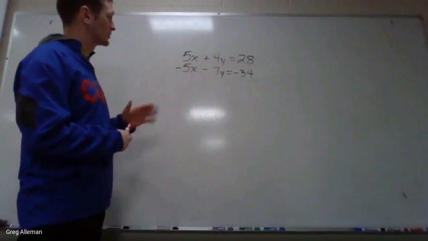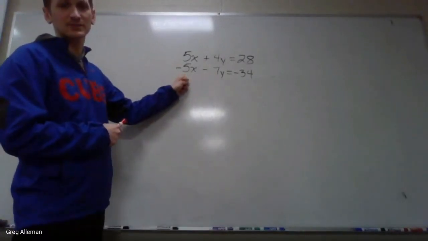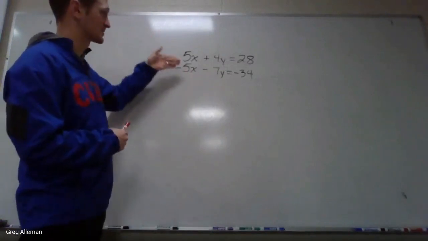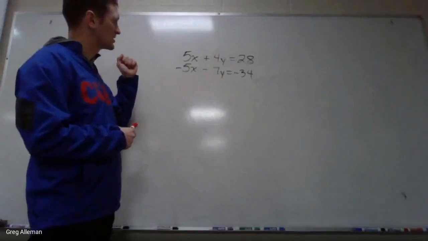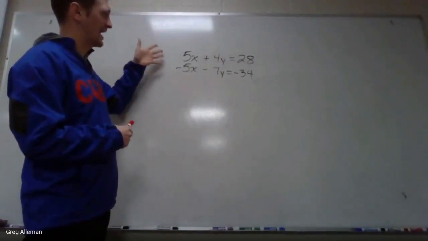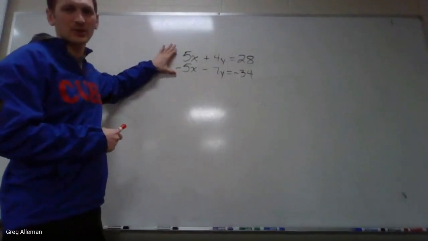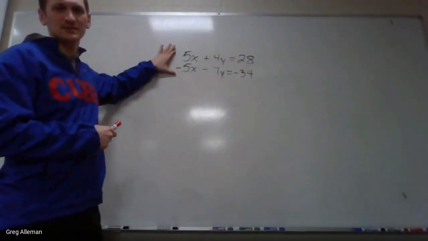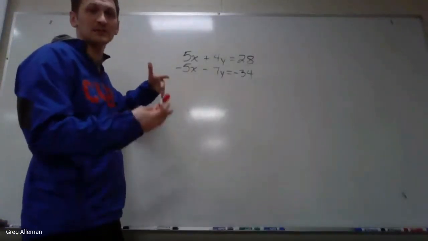Now, if you look closely, the x coefficients are very similar. Do you see how this one's 5 and then this one's negative 5, right? So if we were to add those equations, what would we get for the coefficient on the x? 0. Yeah. So when they make 0, that's when we call it elimination, right?